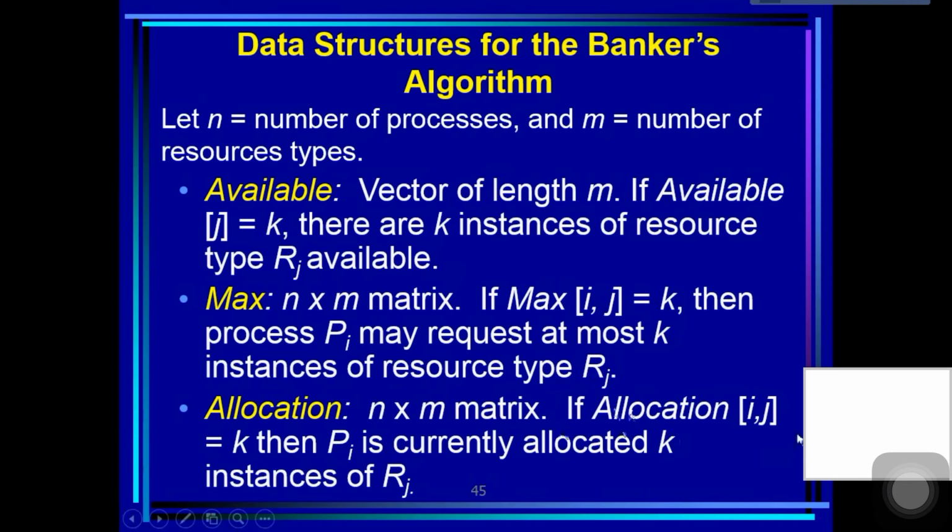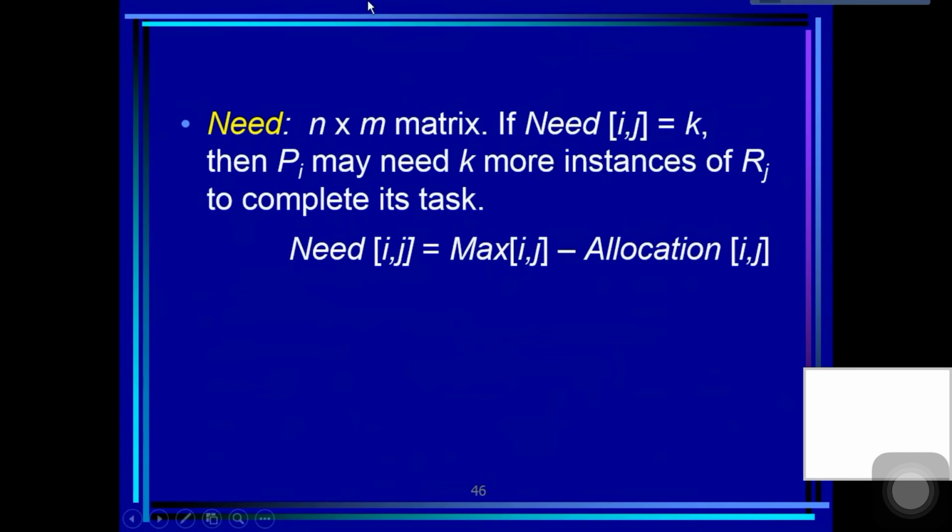If Allocation[i][j] equals K, then Pi is currently allocated K instances of Rj. Fourth, Need. It is an N times M matrix. If Need[i][j] equals K, then Pi may need K more instances of Rj to complete its task.